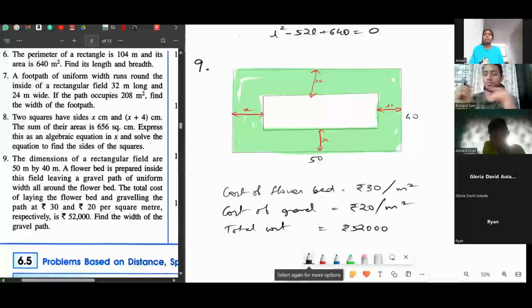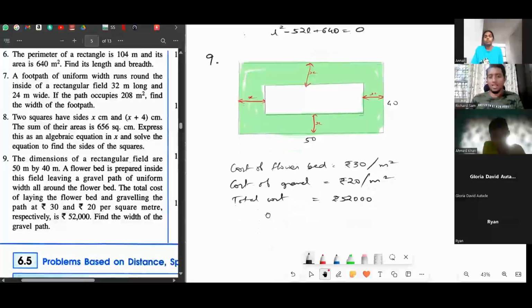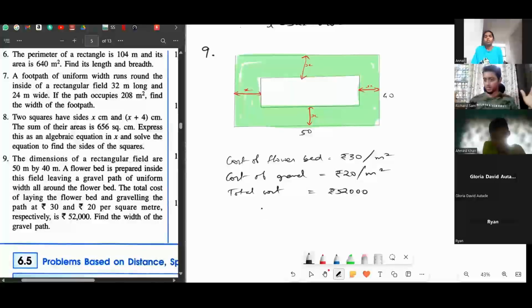The area of the outer rectangle, we have to minus something. Area of the outer minus the area of the inner will be what? The area of the shaded portion.